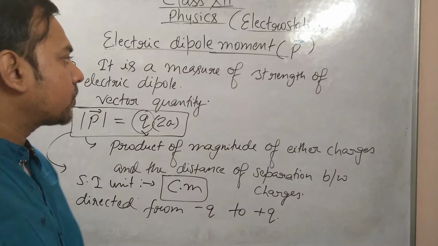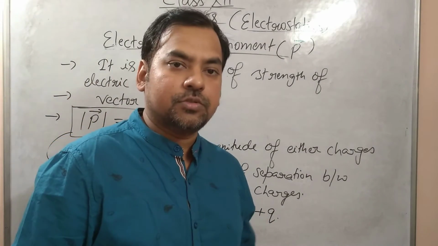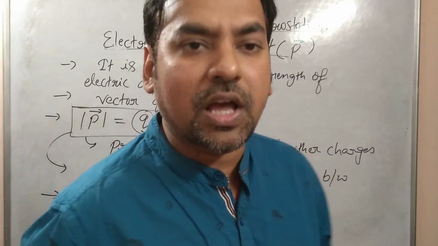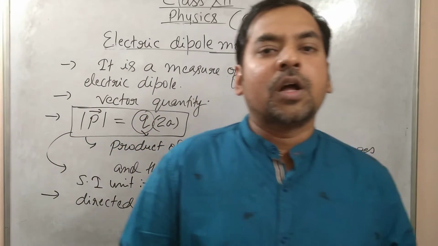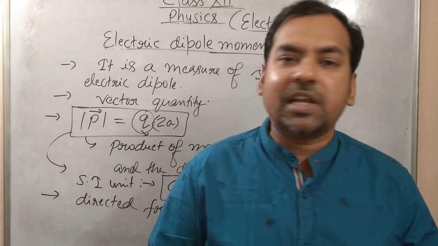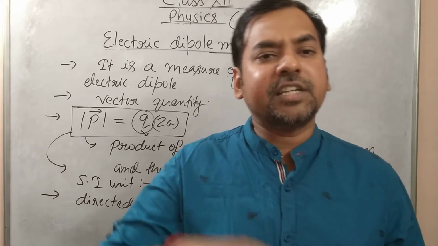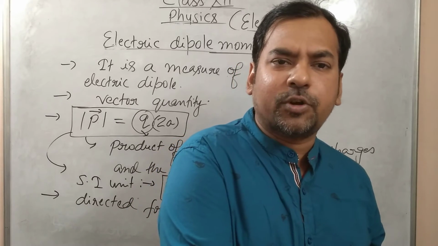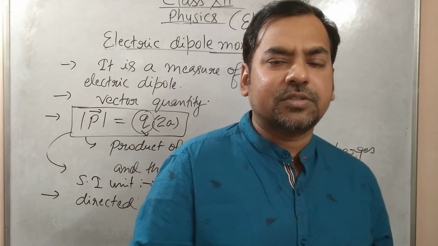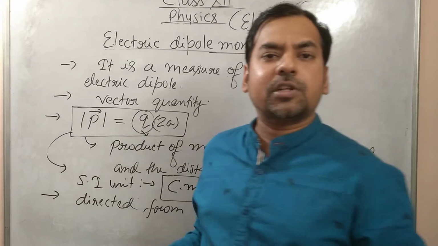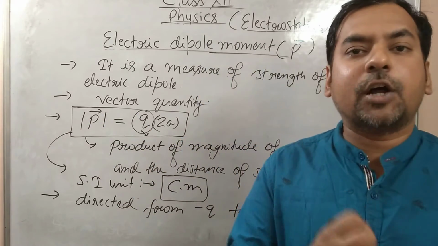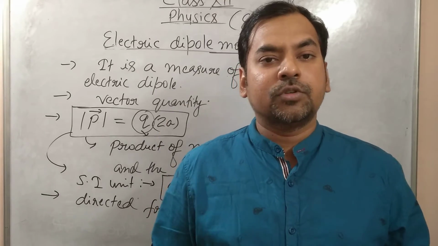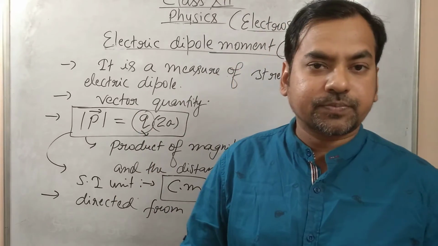Now, moving to the next topic related to electric dipole. In earlier classes we have studied how to find the electric field intensity at any point P due to point charges, whether it is a positive or negative point charge. Similarly, how can we find the electric field intensity at any point P due to this electric dipole?